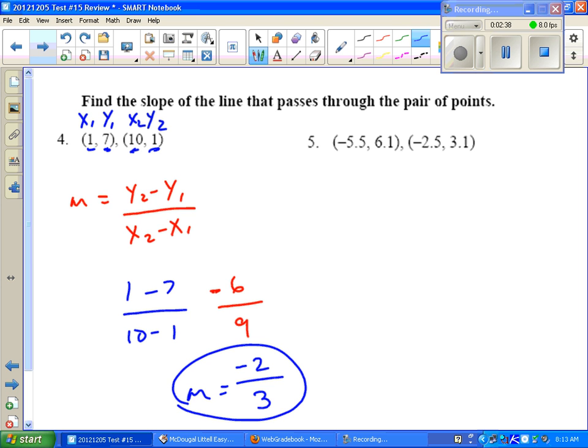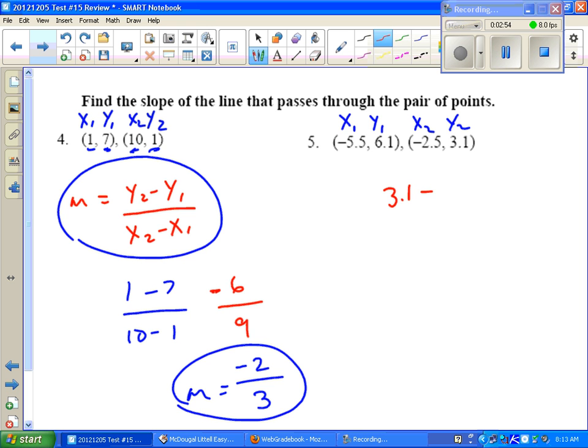Again, we'll use the same formula, y sub 2 minus y sub 1 over x sub 2 minus x sub 1 to find the slope for number 5. We'll call this x sub 1, y sub 1 and x sub 2, y sub 2, and plug the values in. Y sub 2's value is 3.1 minus y sub 1 is 6.1 over x sub 2's value is -2.5 minus x sub 1's value is -5.5.